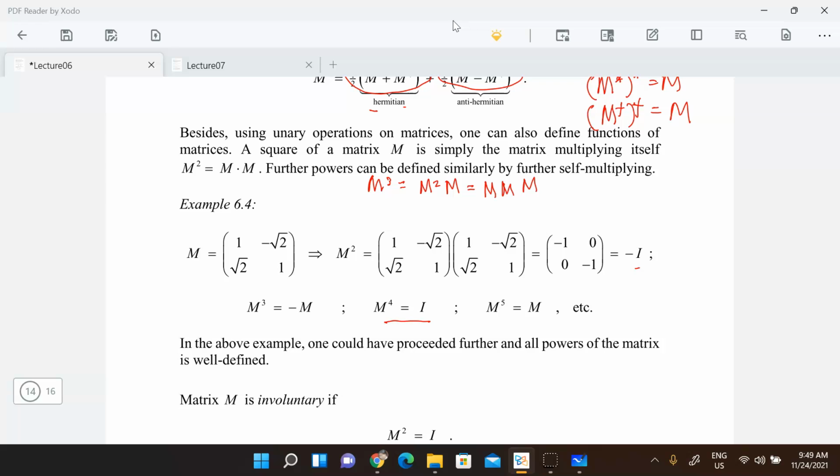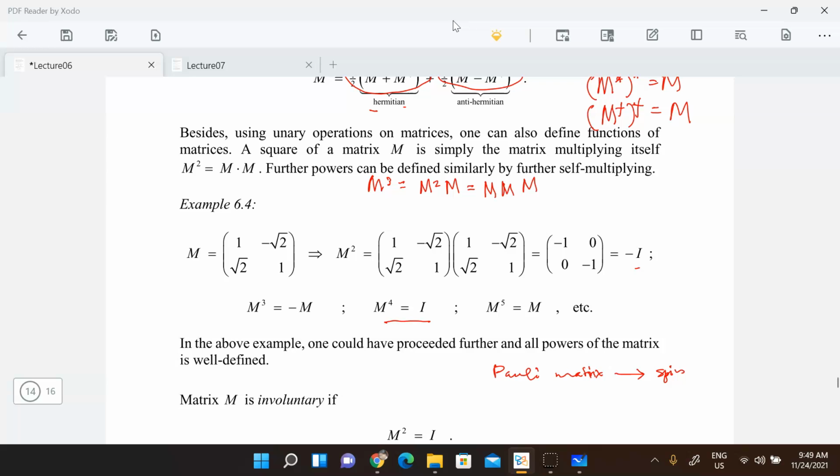Those kinds of matrices have certain properties, and you probably will see this in quantum mechanics. For example, we'll talk about the Pauli matrices. The Pauli matrices represent spin in quantum mechanics.